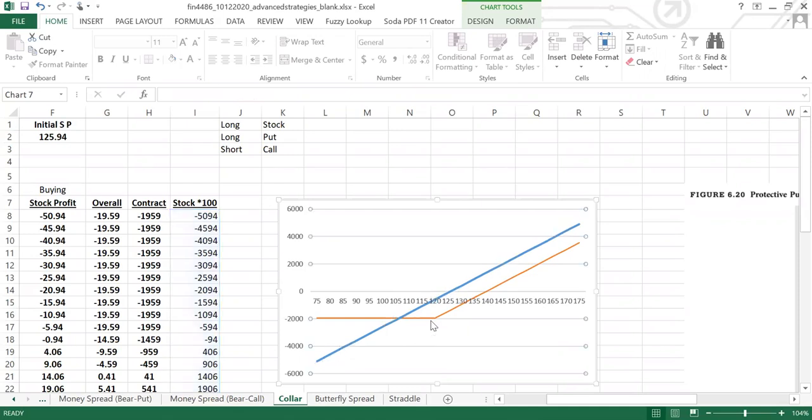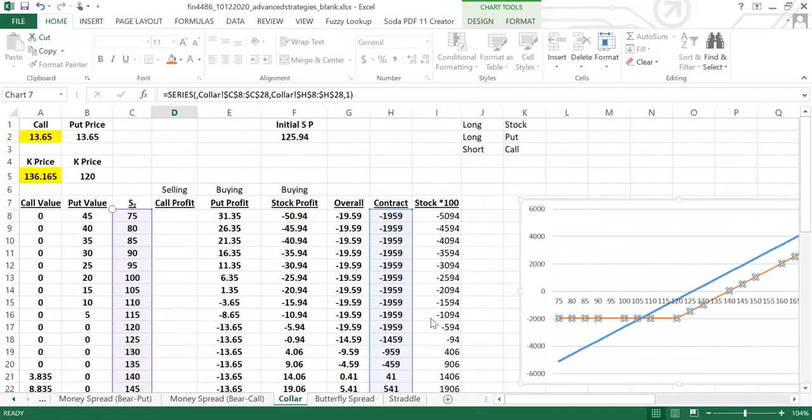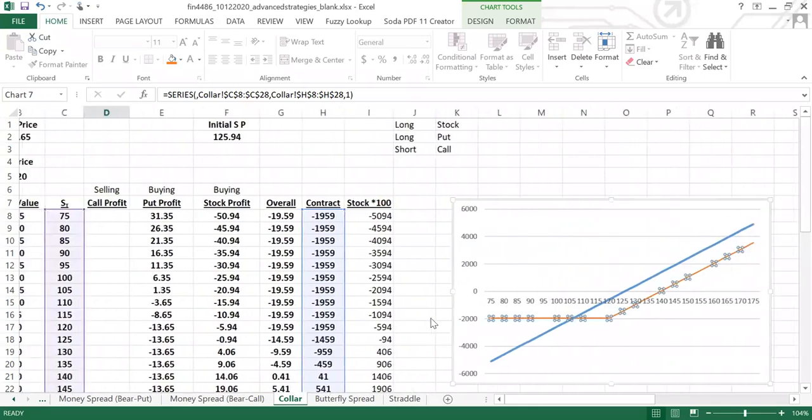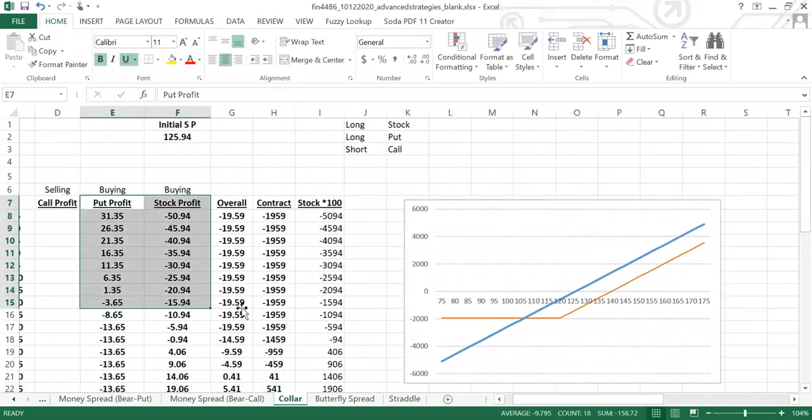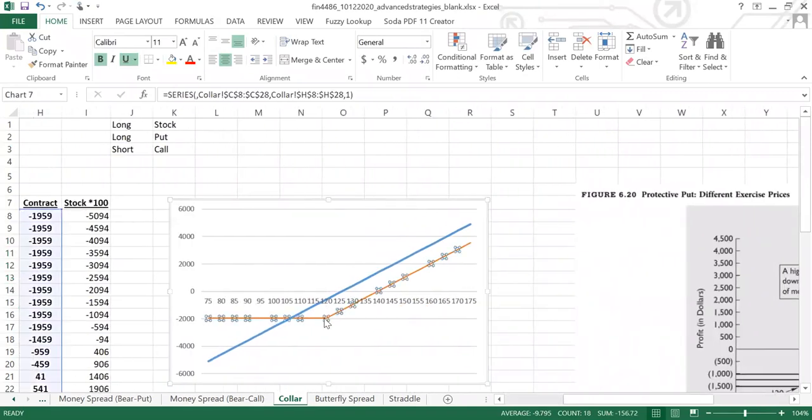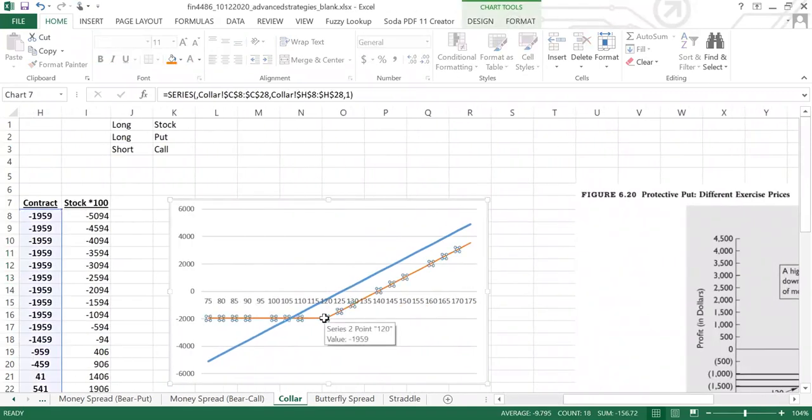Therefore, you limit the losses, and this is what we see here in the orange line right now. Let's keep in mind we have just deleted the call option. So we only have the put and the stock in this graph right now. So you have limited the losses from the stock by adding a put option to your portfolio, right? So you have limited losses, but you still have unlimited gains from the stock.